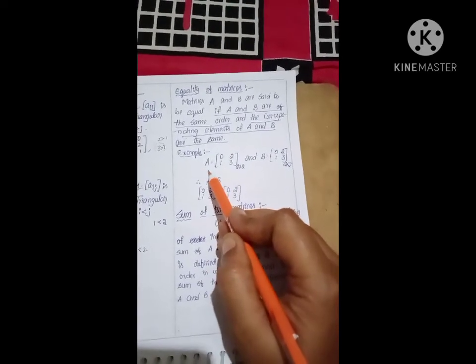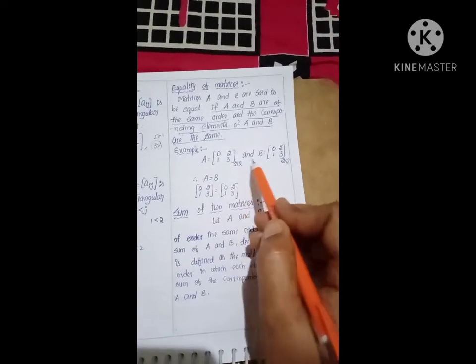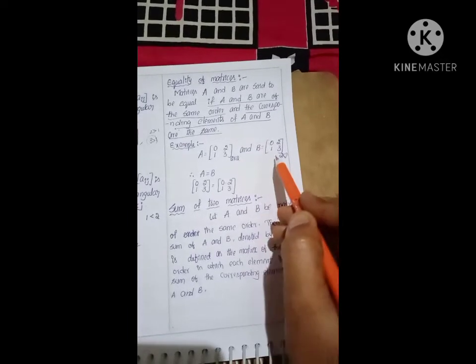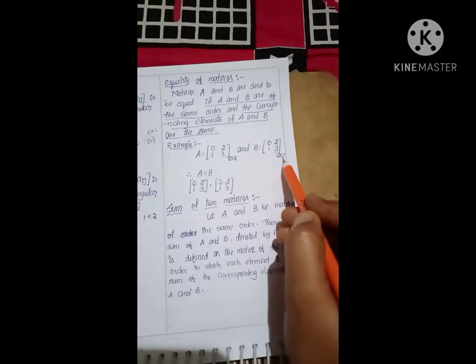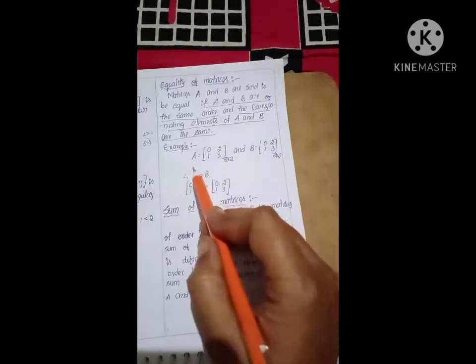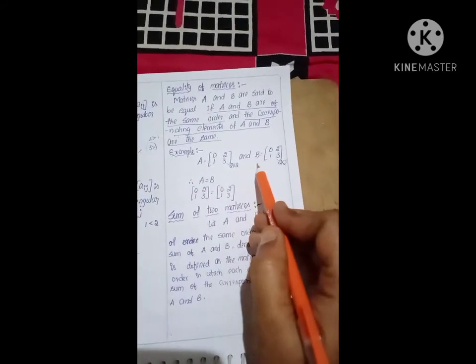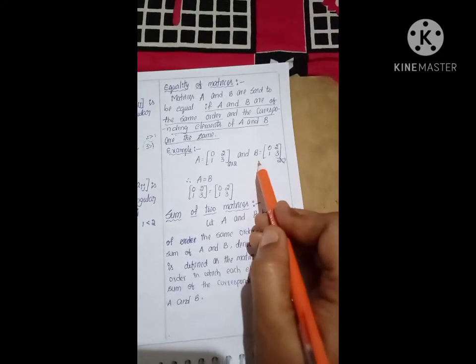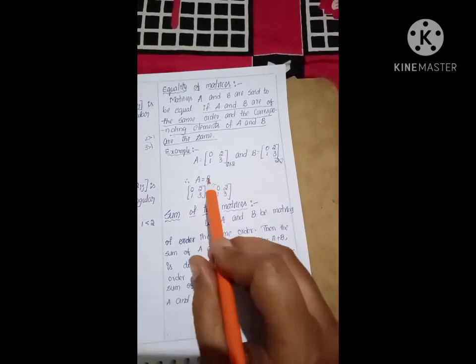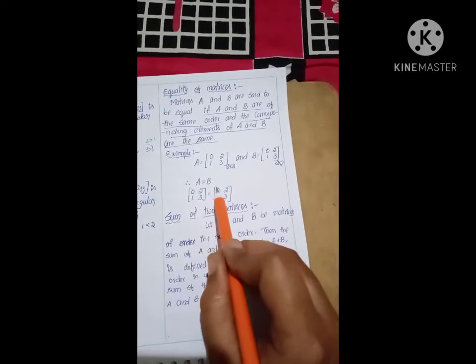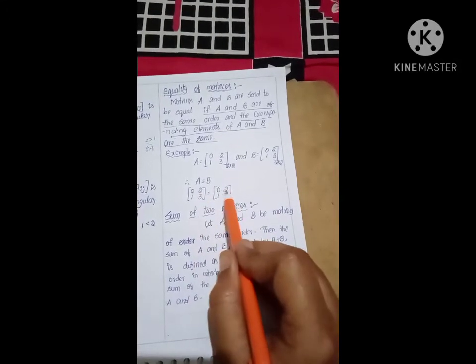If you take A matrix of order 2, compulsorily you take B order also 2. Suppose A matrix is order 3, you can take B matrix order also 3. A equal to B. 0, 0, 2, 2.